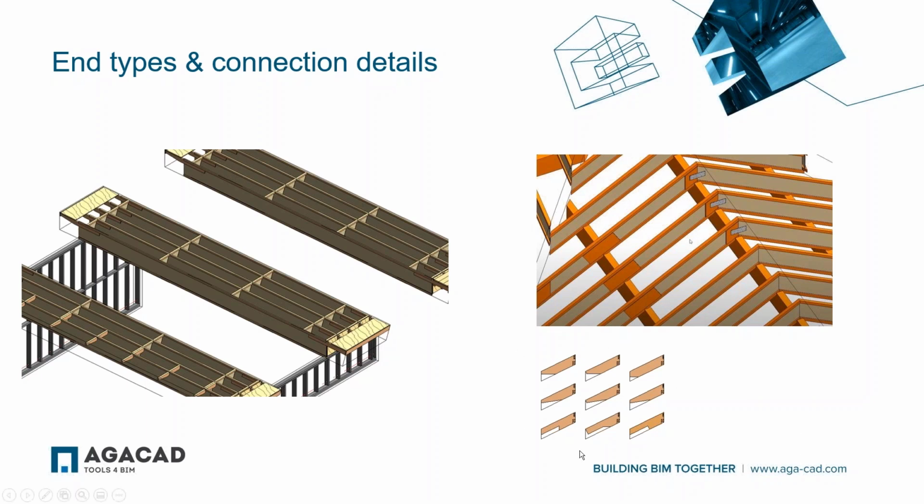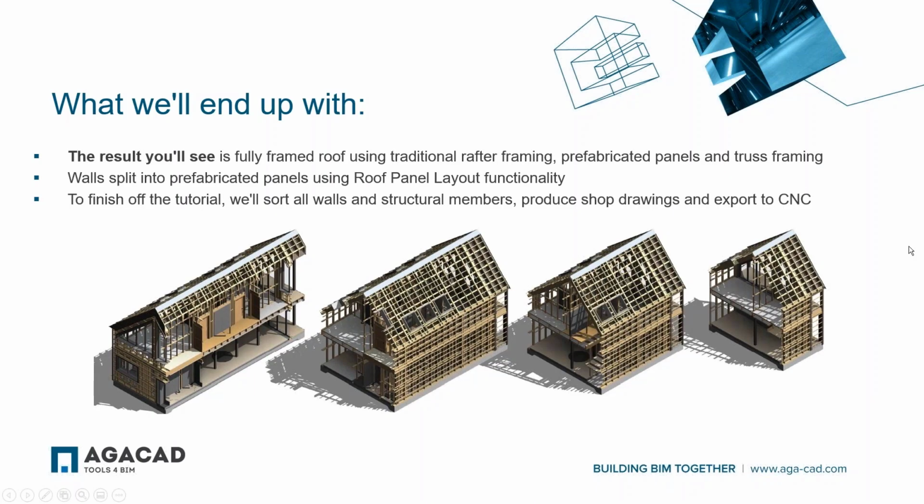And here on the left-hand side, we have a somewhat more complex type of prefabricated roof panels. We're going to end up with framed roofs using traditional framing and prefabricated panels as well as trusses.